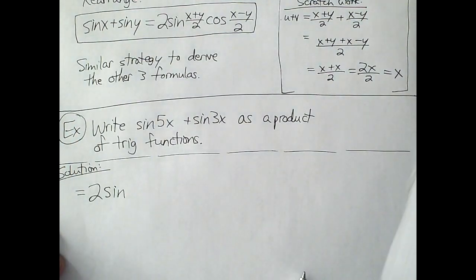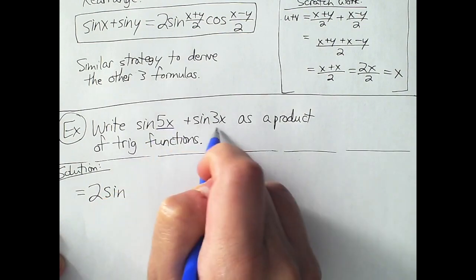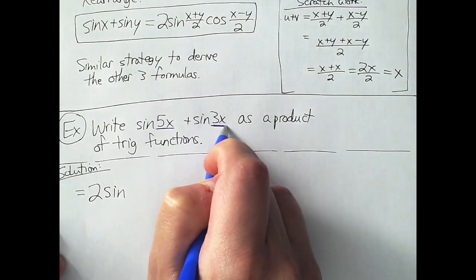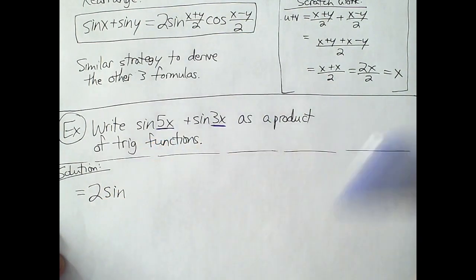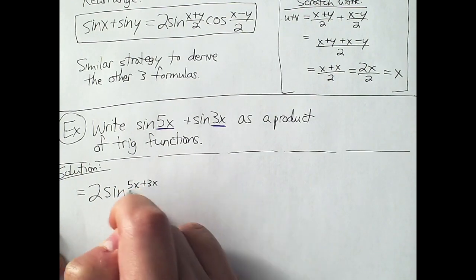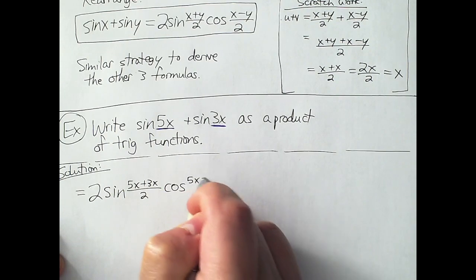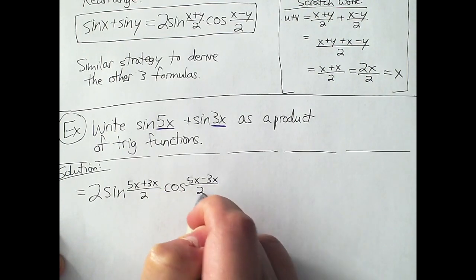I'm going to underline them. This is basically my x and this is basically my y. 5x and 3x are the 2 angles we're doing. So put those in for x and y. So we're going to get 2 sine of (5x plus 3x)/2 cosine of (5x minus 3x)/2.